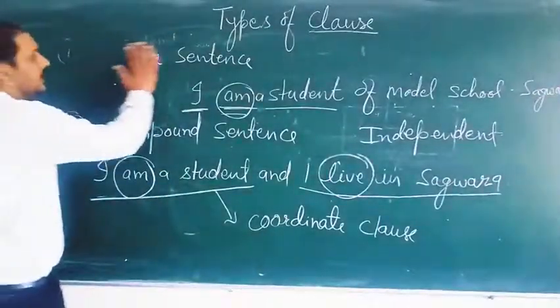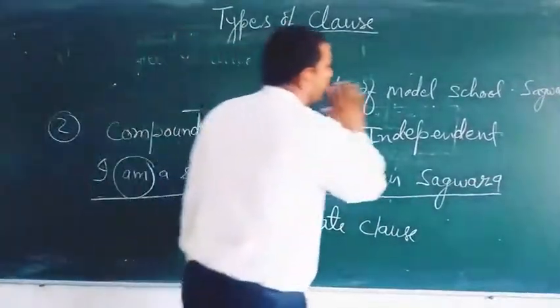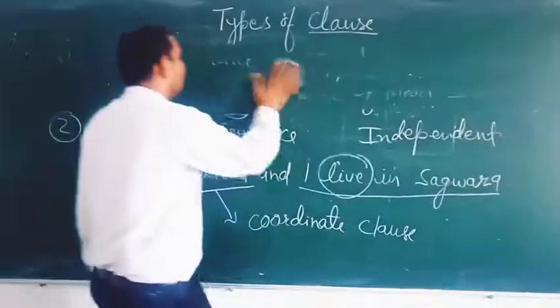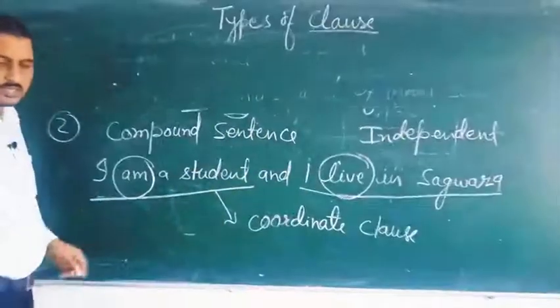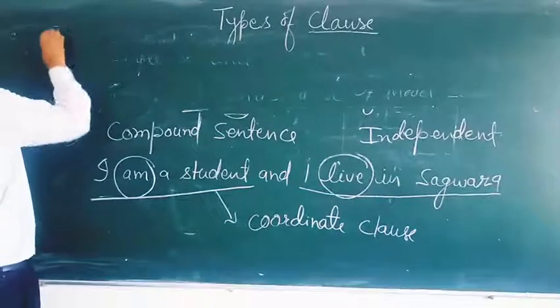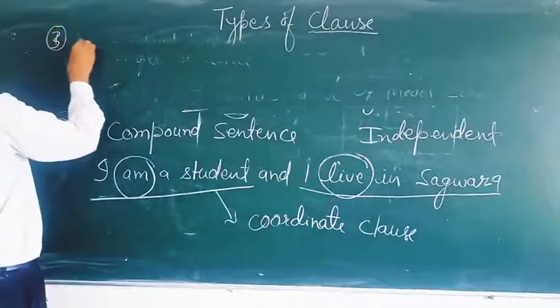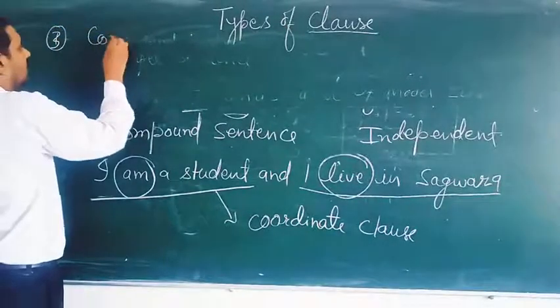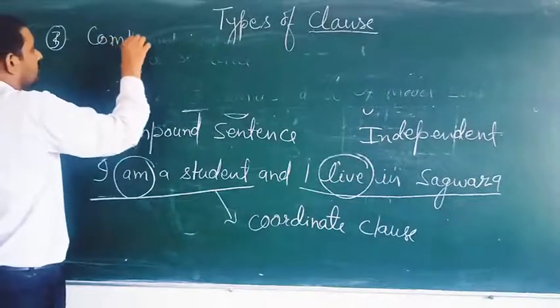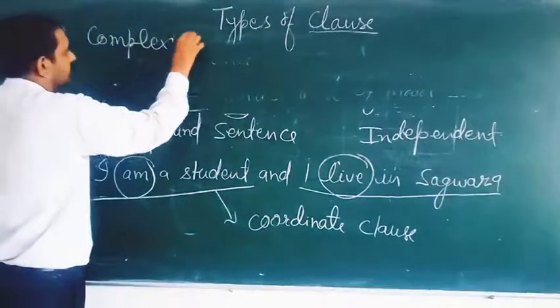The third type of sentence, according to the structure of sentences, is complex sentence.